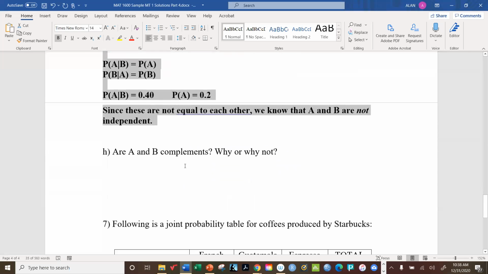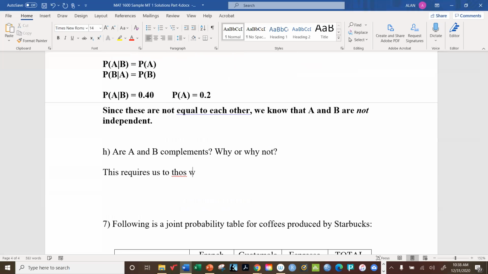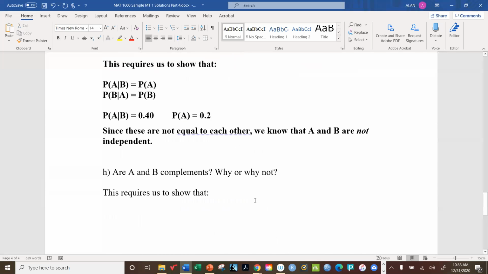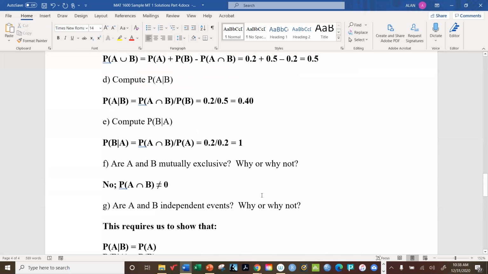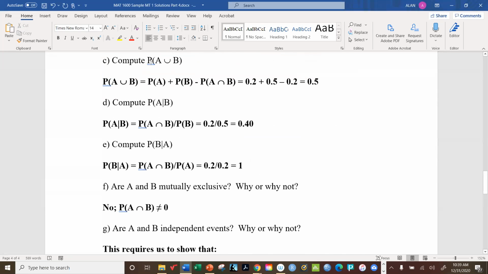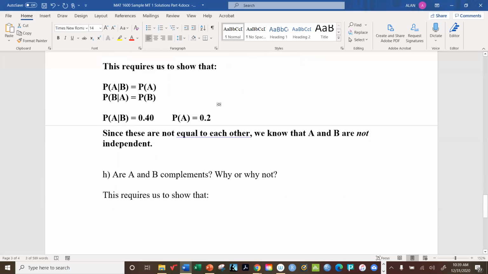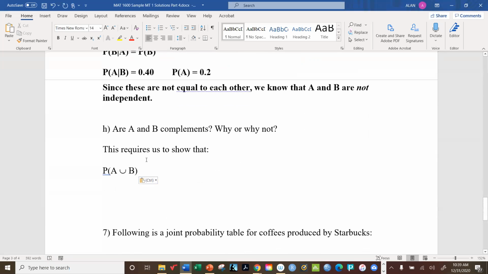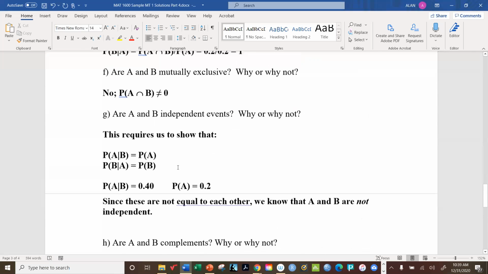How about complements? All right, now remember, this requires us to show, okay, so this is the one where the union has to equal 1. And you can see already it doesn't, but let's just carry on with this. And that the probability of the intersection must be 0.